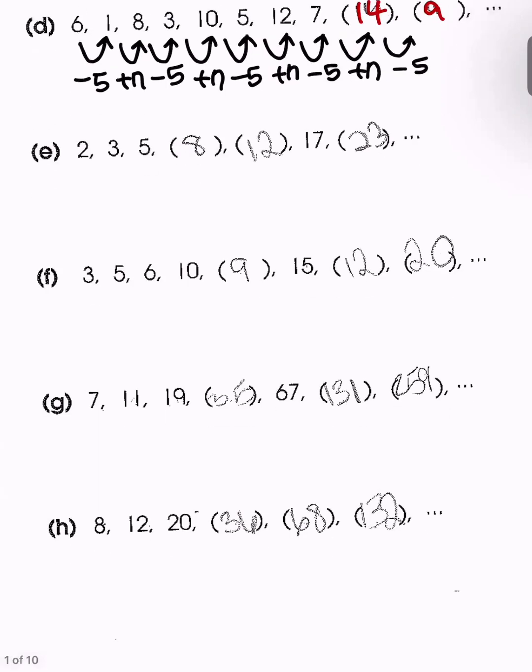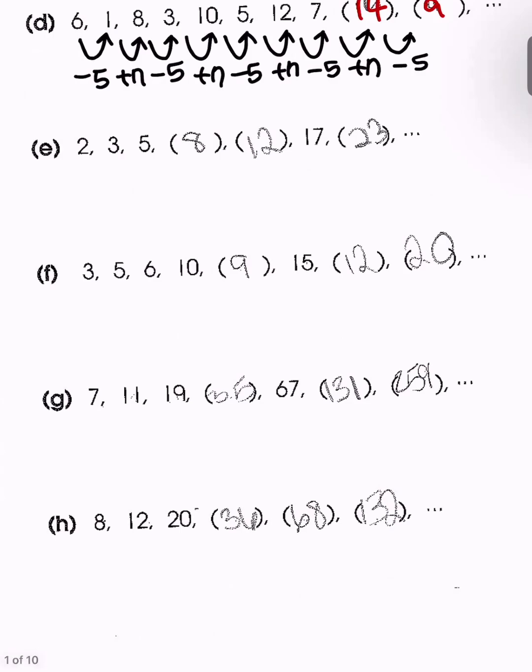Now let's look at problem E. So we have 2, 3, 5. To get from 2 to 3, we added 1. 3 to 5, we added 2. And so the next one we would assume is adding 3. But sometimes the pattern might not be what we expect. It's always kind of hard to figure out a pattern with just 2 numbers, but we do have a 17 here, so we can check if our pattern is correct.